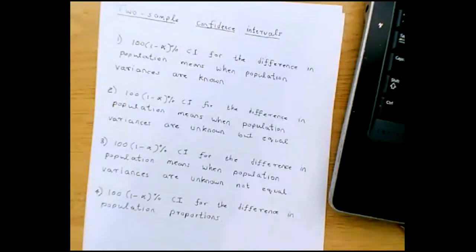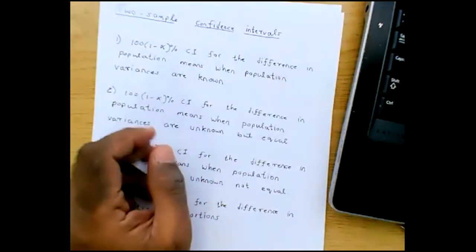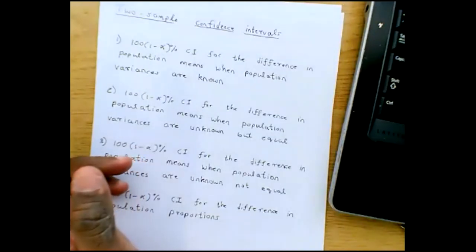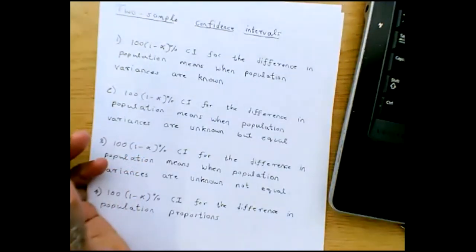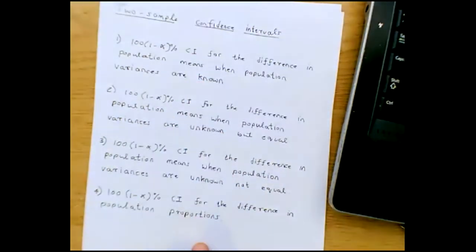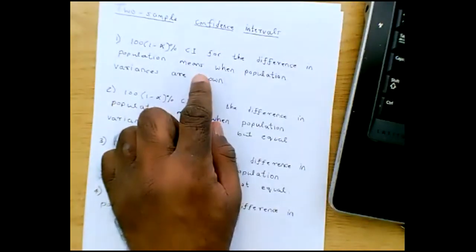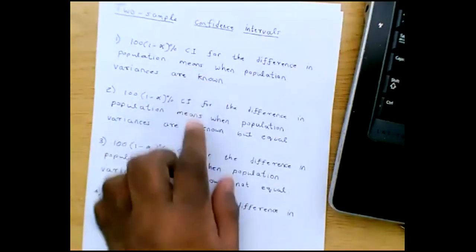So here you have two different populations, and you want to compare the means or the variances or the proportions, right? Once again, there are four different confidence intervals. The first one is for the difference in population means when the population variances are known.